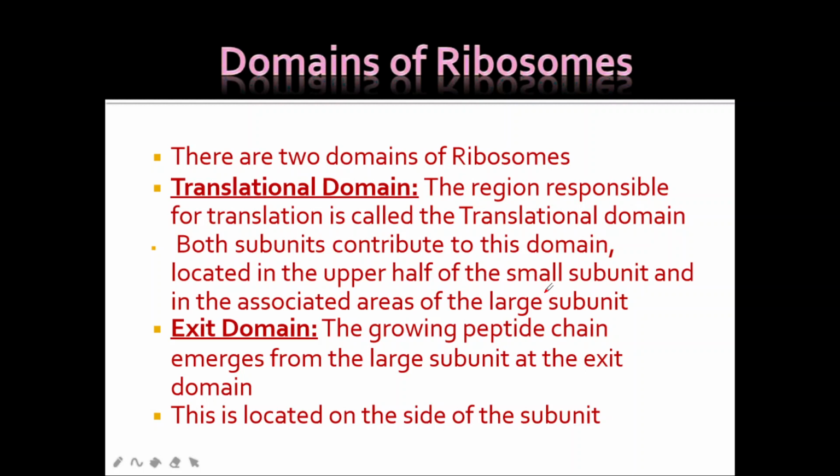So, the exit place is called the exit domain. The growing peptide chain emerges from the large subunit at the exit domain. This is located on the side of the subunit. So, these are the two domains present in the large subunit of the ribosomes.